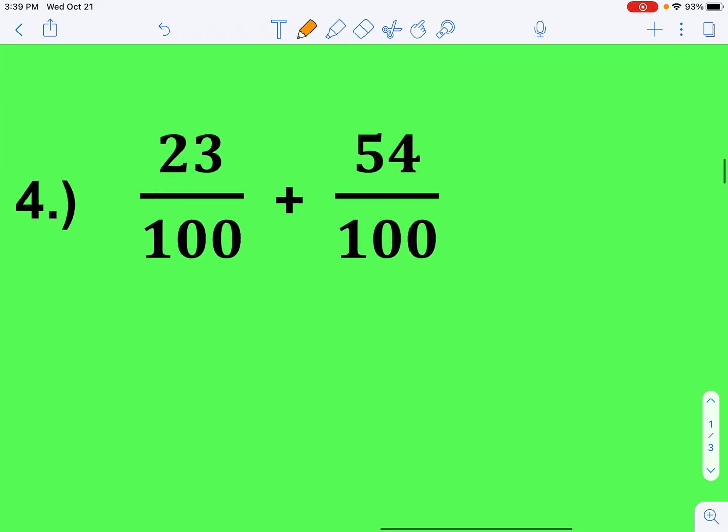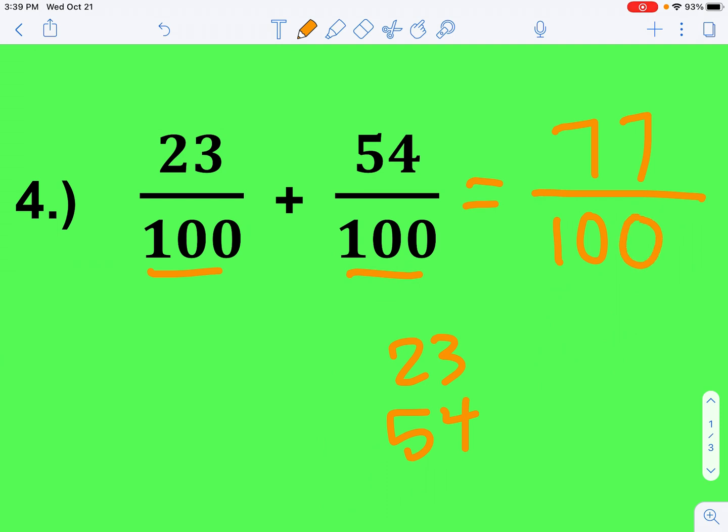Alright, number 4. 23 over 100 plus 54 over 100. I notice my denominators are the same, so I'm just going to add straight across. 23 plus 54 gives me 77, and my denominator stays exactly the same.